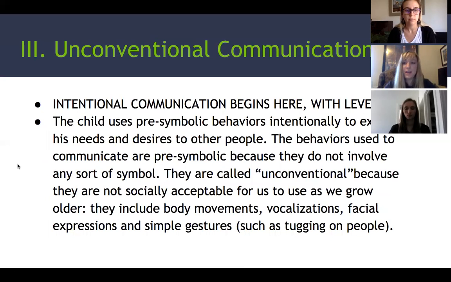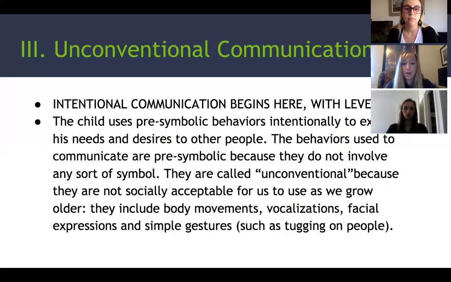And then the next stage is unconventional communication. In this stage, the child is pre-symbolic. So they still use behaviors to communicate, but it is intentional, and the purpose is to communicate their needs and desires. The reason that they're called pre-symbolic is they're not able to use any symbols, and a specific word would be considered a symbol.